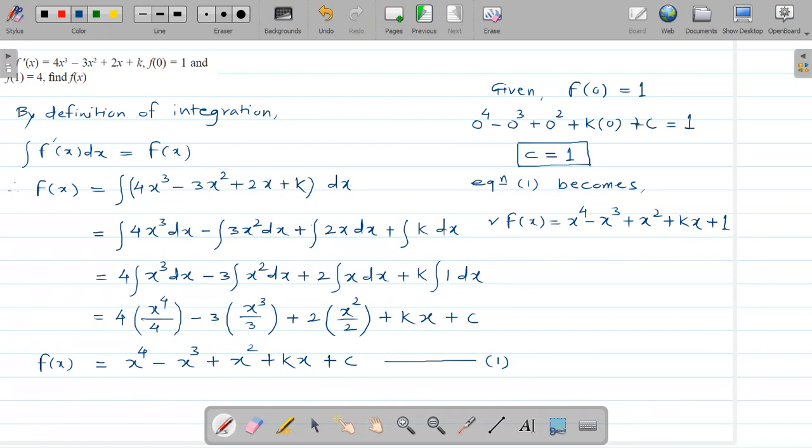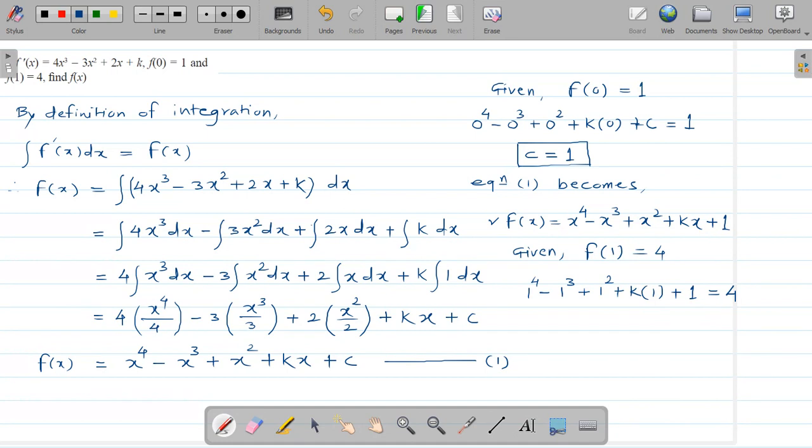So after getting this f of x, we have to use that condition also. f of 1 is equal to 4 means if you put the value of x as 1, then you will get the answer 4. So if you put that, then you will get 1 raised to 4 minus 1 cube plus 1 square plus k into 1 plus 1 is equal to 4.